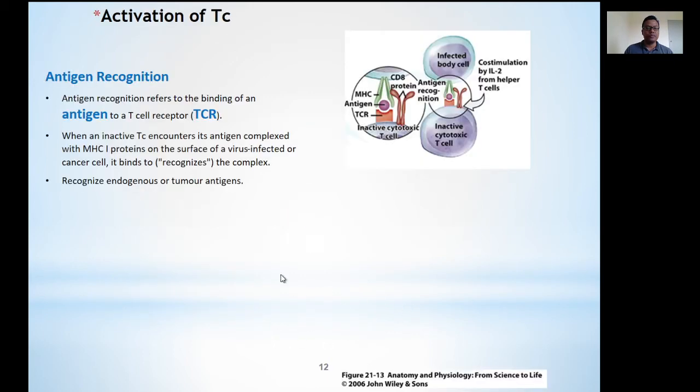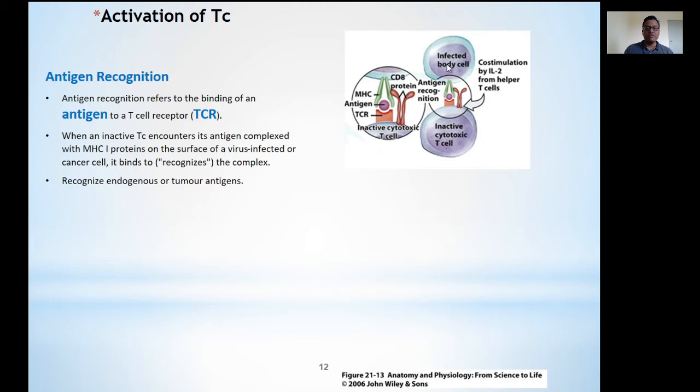The activation of TC first starts with antigen recognition, where antigen recognition refers to the binding of an antigen to a TCR on the TC. So all T cells, including the TC, have their own TCR. The TCR will recognize the antigen being presented by the infected or abnormal body cells.